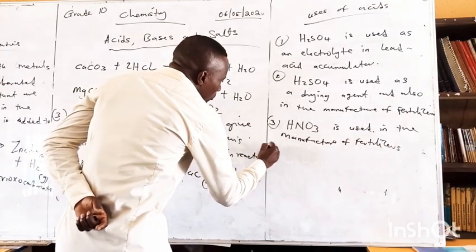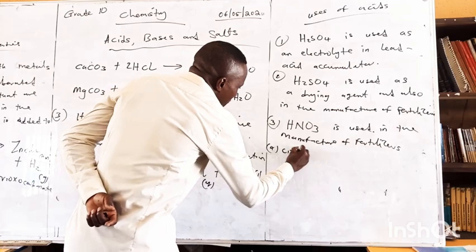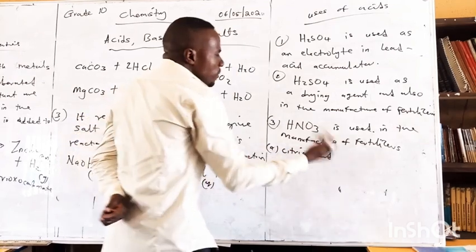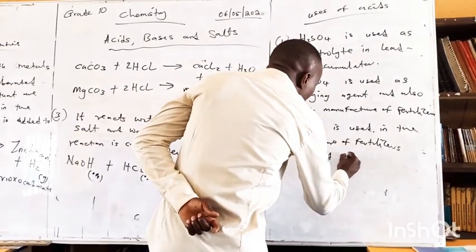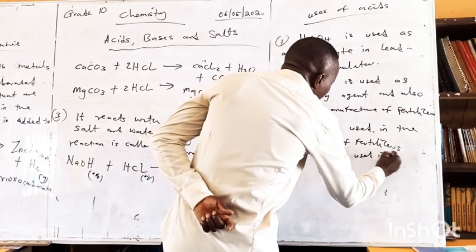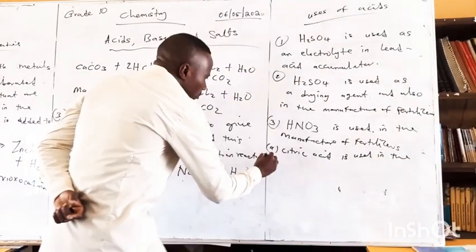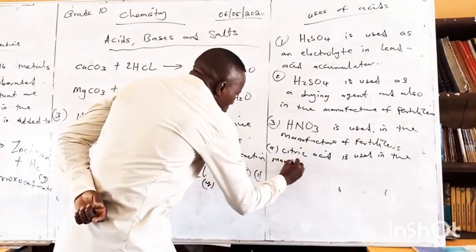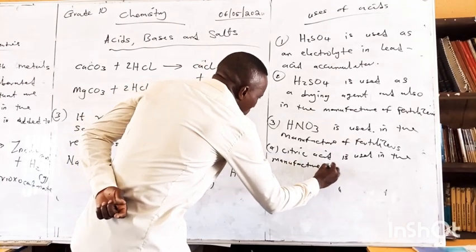Number 4, citric acid, for example, is used in the manufacture of fruit juice.